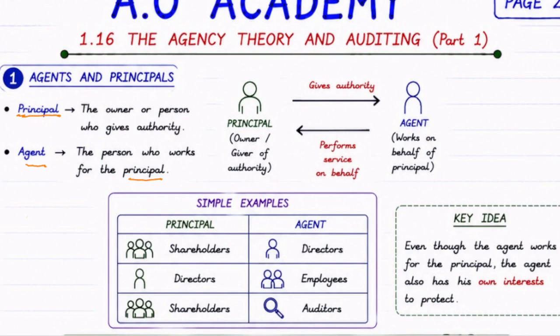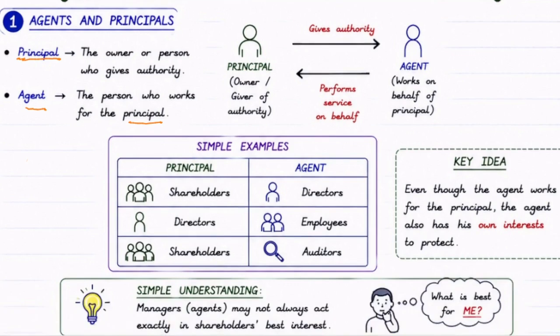The agent is the person who works for the principal. That's just a simple understanding of what agent and principal means. So principal gives authority, agent performs service on behalf of the principal. Simple example: shareholders are the principal to directors. Directors are agents, okay?